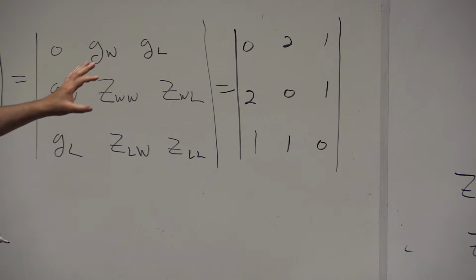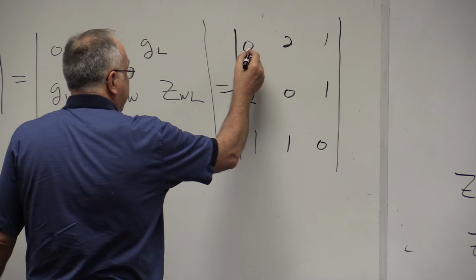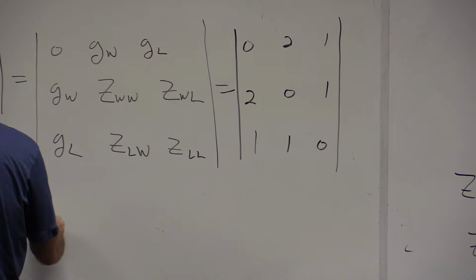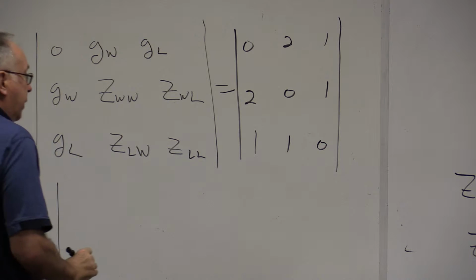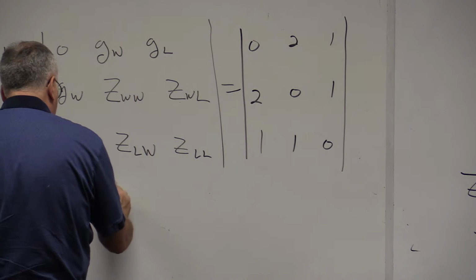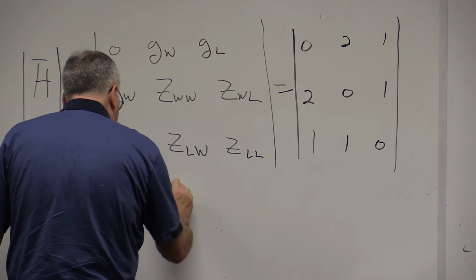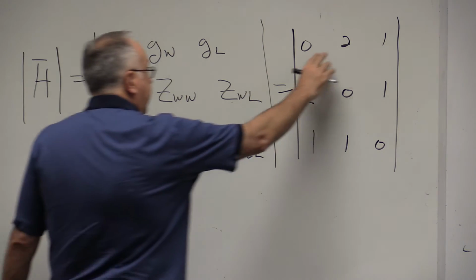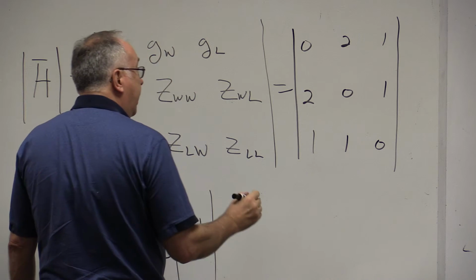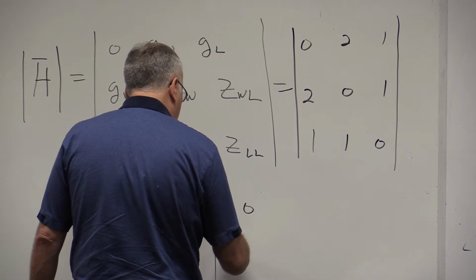So we expand across the first row. So this is a 0, so it just drops out. But the next term, we make it a minus 2 times its minor, which is 2, 1, 1, 0. And then you take this term next, 1, times its minor, which is 2, 0, 1, 1.